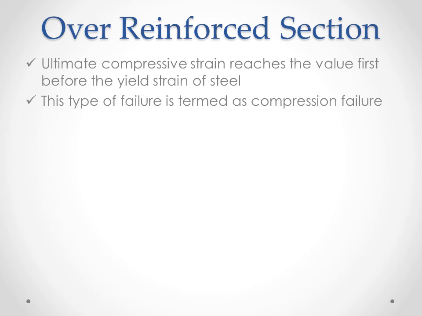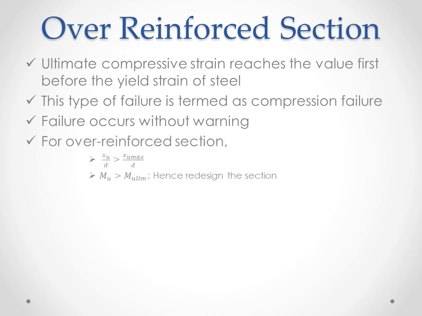If it's tensile failure, at least it gives us an impending warning before it collapses. But in the compression failure case, it will collapse without warning, and the whole building will collapse. So in an over reinforced section, the conditions that we have to check are: xu by d will be greater than xu max by d, and the corresponding moment of resistance Mu will be greater than Mu limit.